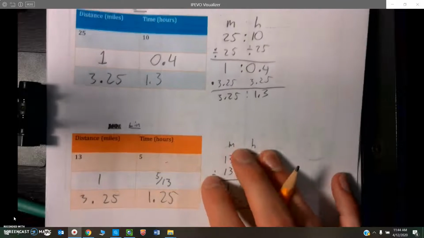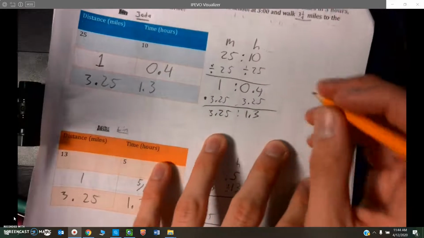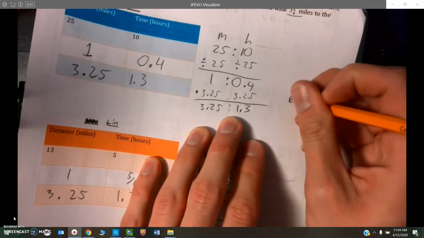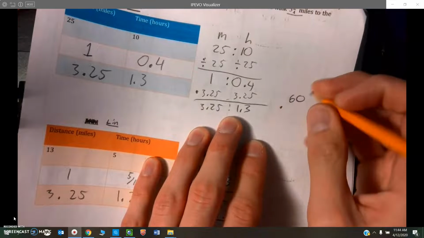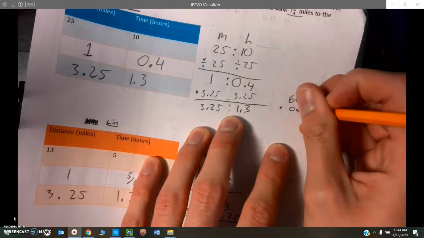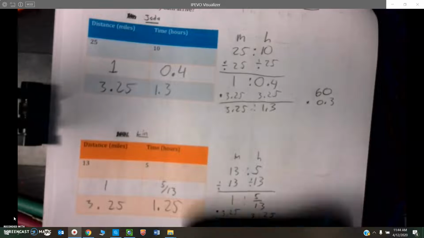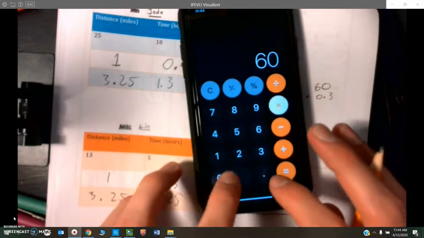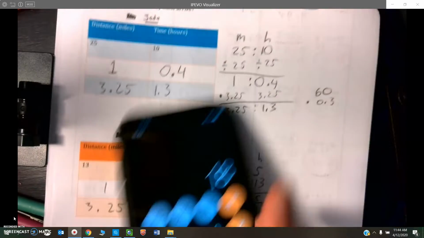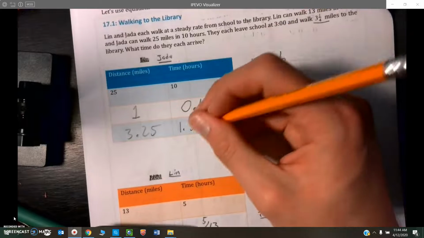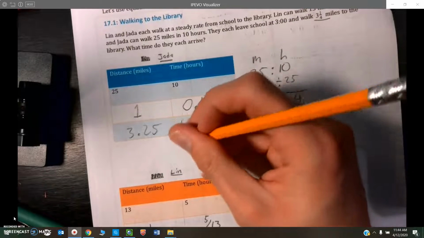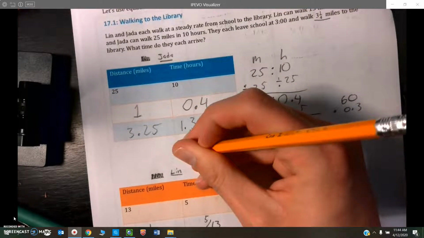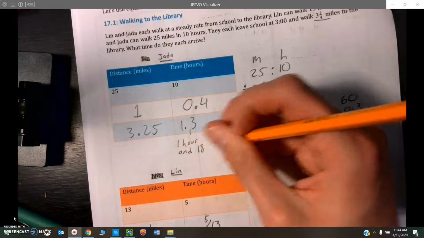To do that, I'm going to take those 60 minutes and multiply it times 3/10. That's 18. So this is actually 1 hour and 18 minutes.